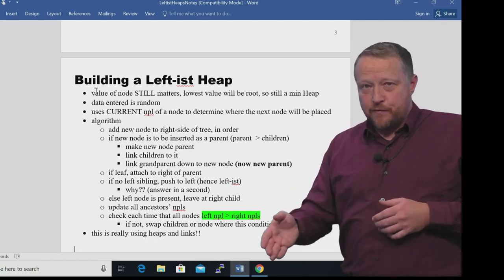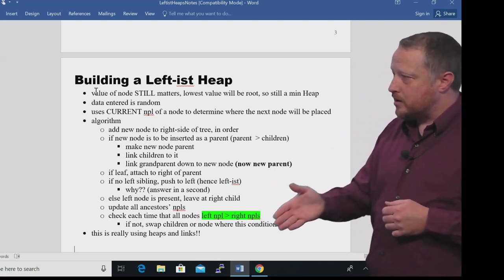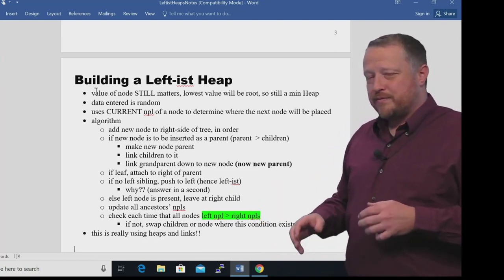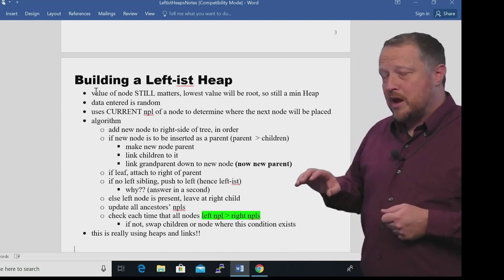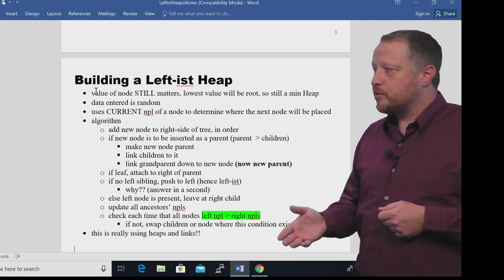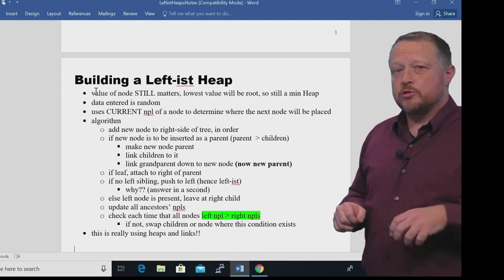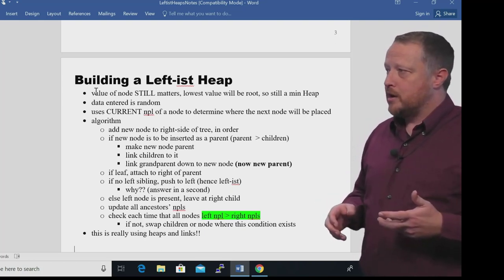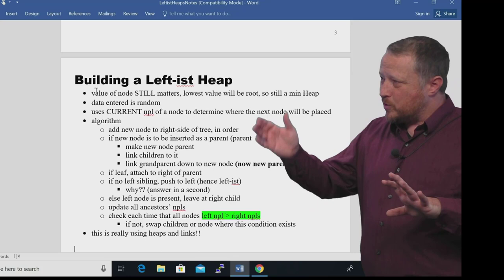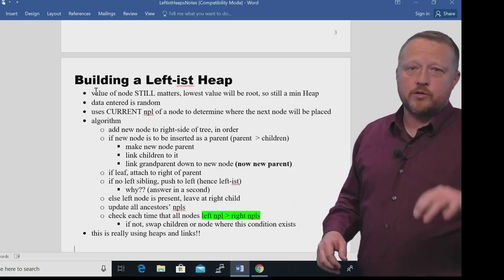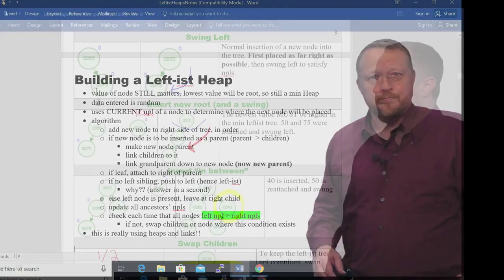And then if our NPLs, which are highlighted here in green, are not NPL compliant, we'll do a shift or a swap of the children to make sure it is compliant. So if you don't get all that yet, reread this real quick first, but then I'll go over some examples in a moment, so bear with me.